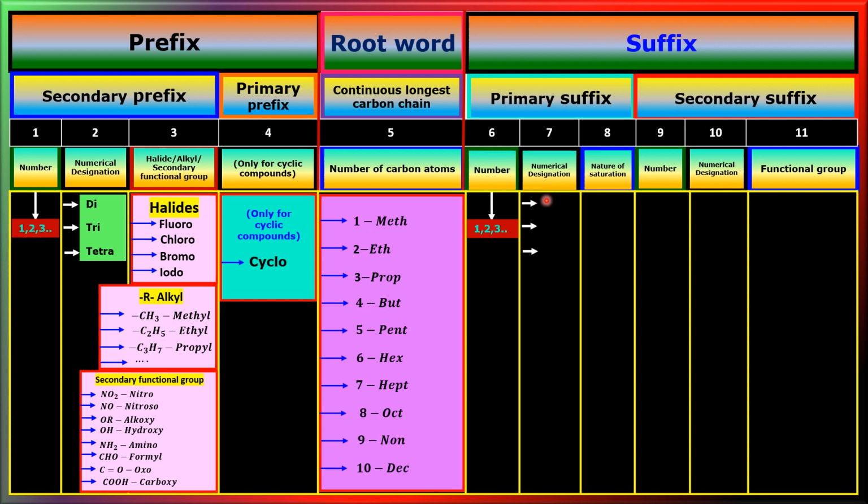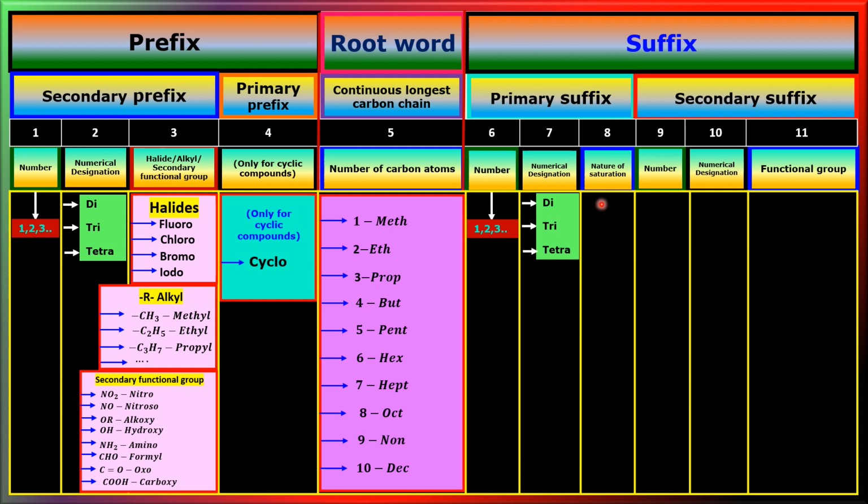Next, numerical designation: di, tri, tetra. Numerical designations are nothing but numerical prefixes; when the same double or triple bonds are repeated twice, thrice, 4 times, etc., they are denoted by di, tri, tetra, etc.